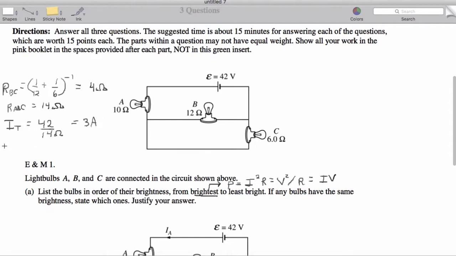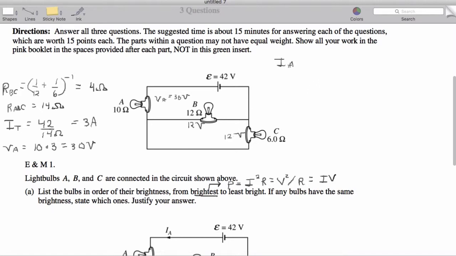What this also tells us is that the voltage across A is going to be the 10 ohms times the 3 amps, which goes through all of it, which is going to be 30 volts. And then if VA is 30, that tells us that VB is going to be 12 volts and VC is going to be 12 volts since they're in parallel.